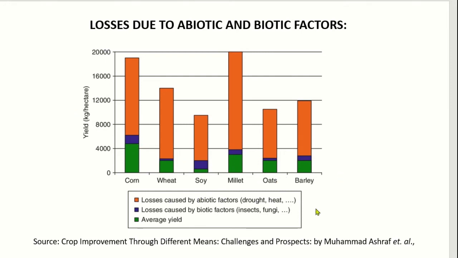Most of the biotic losses are due to insects. When we compare the two, the major losses in agriculture and horticulture crops are due to abiotic factors.